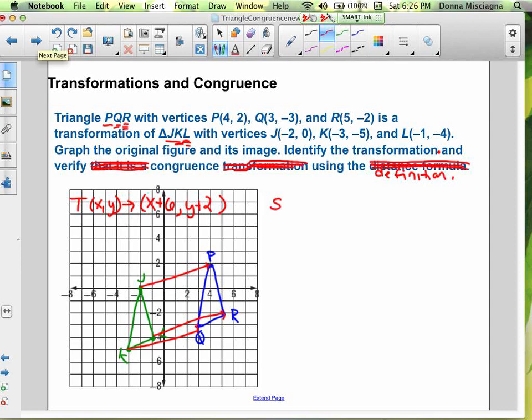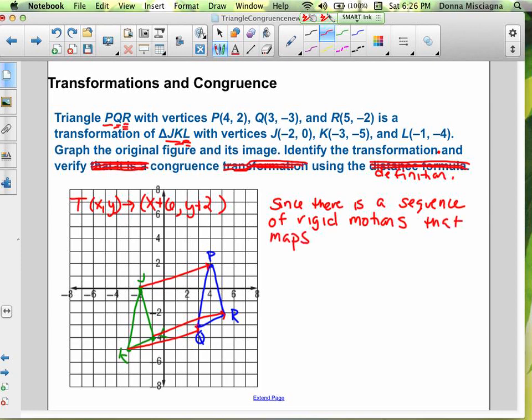Since there is a sequence of rigid motions that maps triangle JKL to triangle PQR, triangle JKL is congruent to triangle PQR.